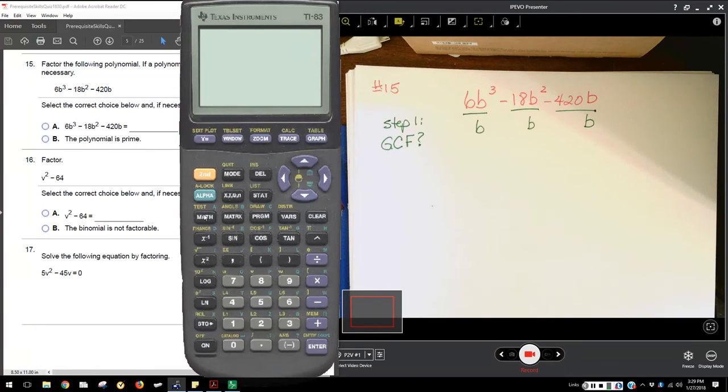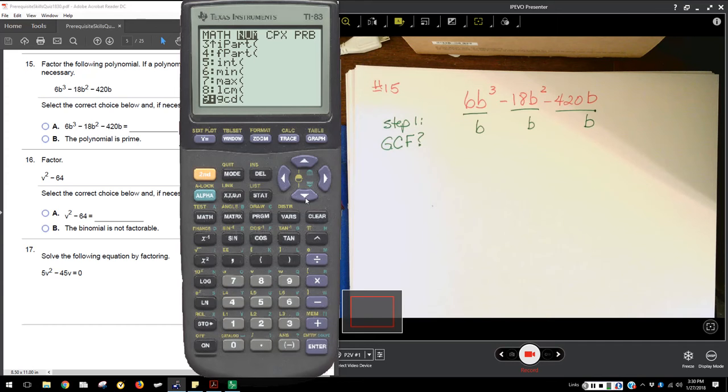You can go to your math menu to the numerical part, and there's two things here, number 8 and number 9. Number 8 is the lowest common multiple, and number 9 is the greatest common divisor.